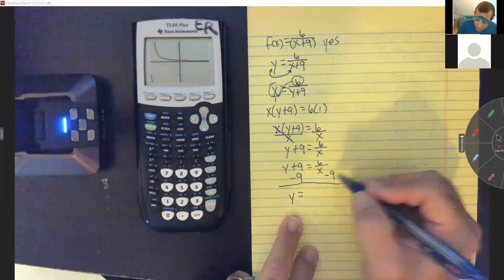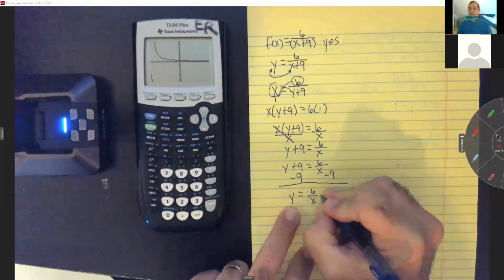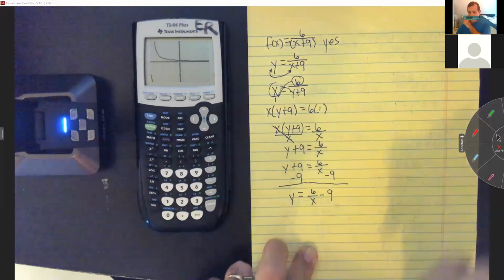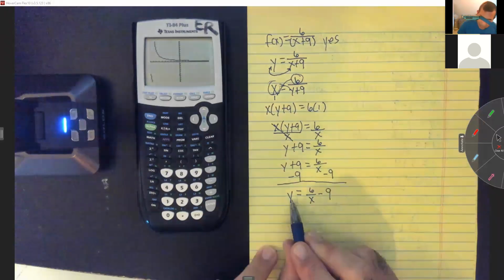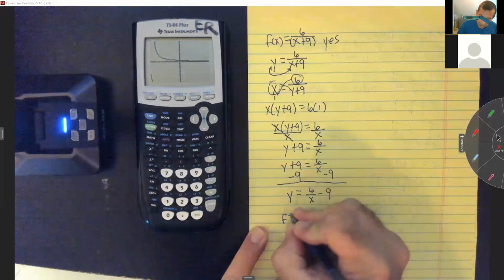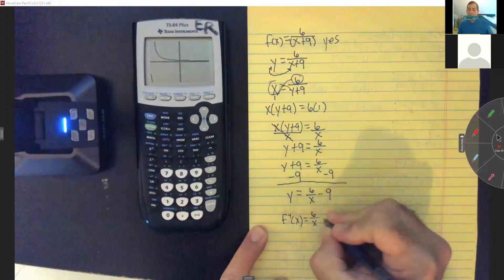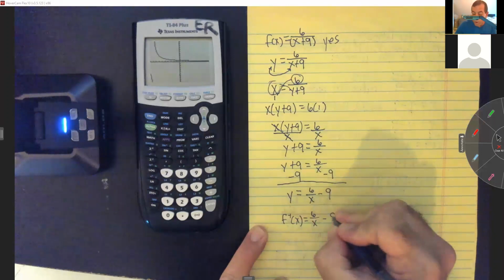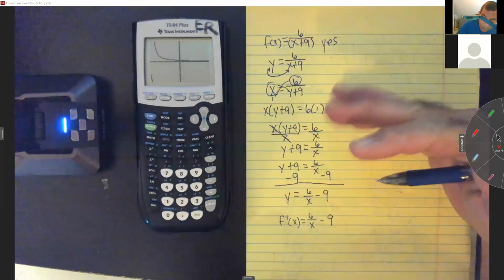We cannot do anything to that, so that'll just be 6 over x minus the 9. And then remember my last step: replace the y with f inverse of x. So you get 6 over x minus 9. Now, I'm going to show y'all another way that you could have solved this, starting at this point right here.